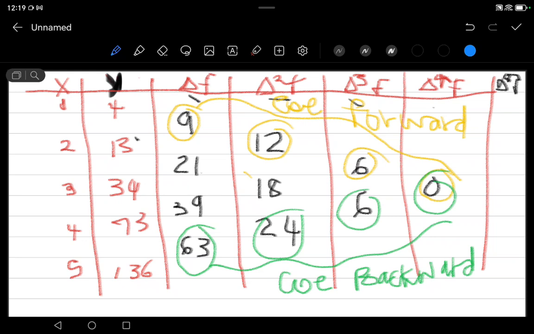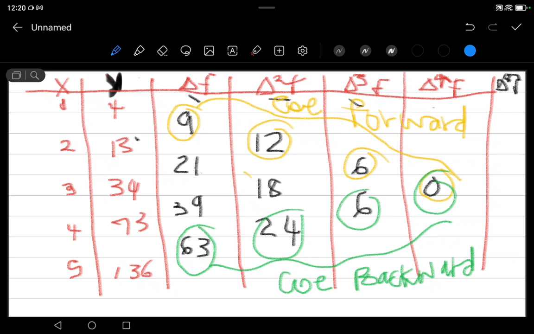The top one is for forward, and the bottom one is for backward, okay? And this is how we construct a finite difference scheme. This is how we construct a table, okay? So the circled one with yellow is the coefficient of forward difference, and the green ones are the coefficients of backward. Do you have a question?